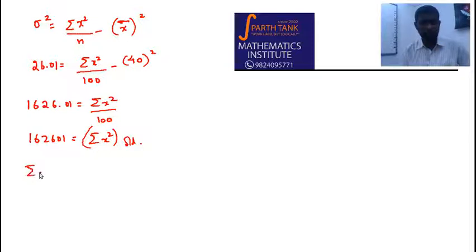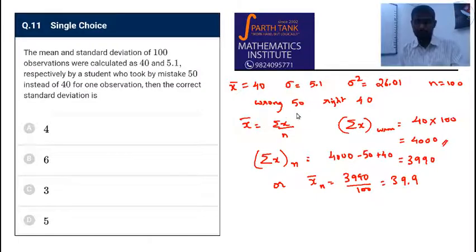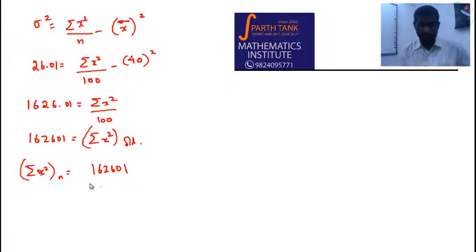So the summation of x squared new should be this 162601. Remember, we have to subtract 50 and add 40, but here it is squares. So subtract 2500 and add 1600. Effectively it becomes like subtracting 900.